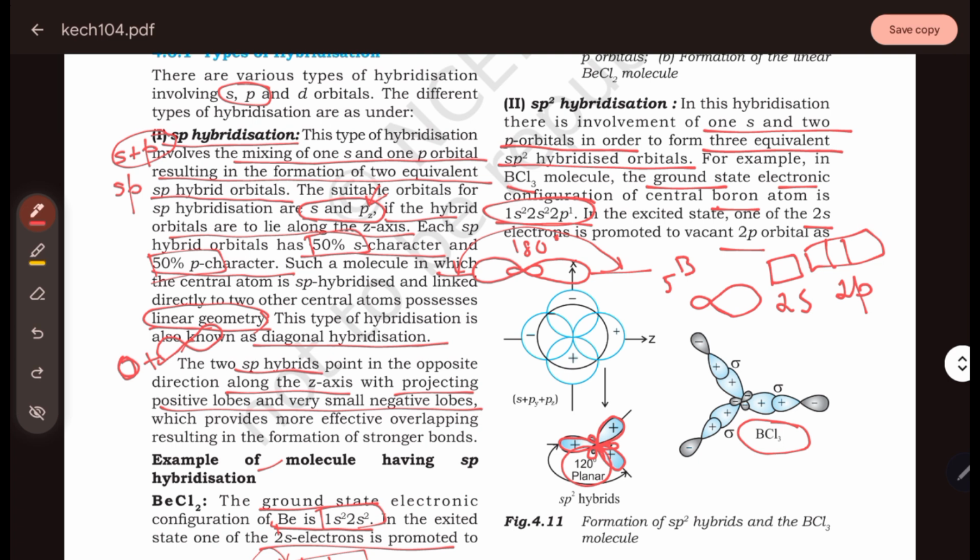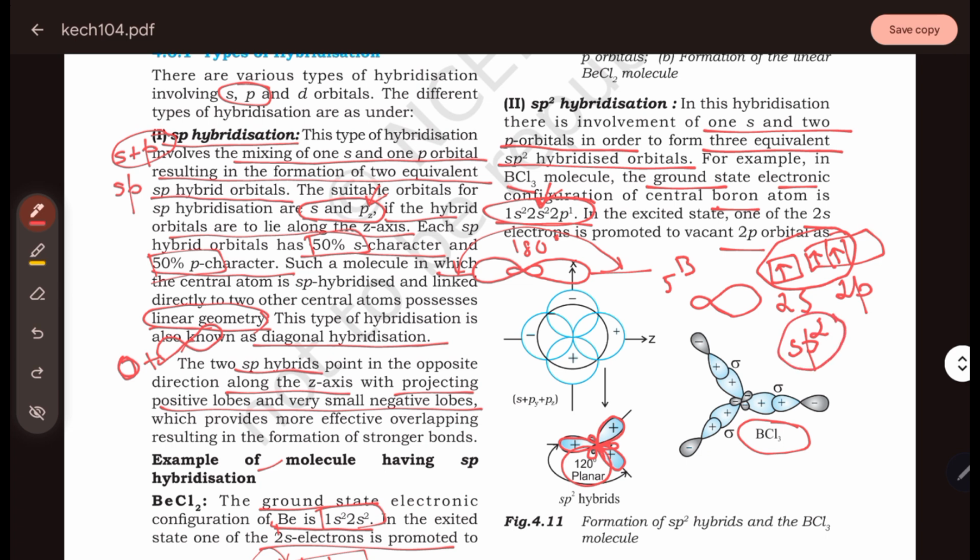You need to keep in mind how many atoms are combining: 3 Cl. From the 2s2 configuration, one electron gets transited to the 2p in order to get intermixing of atomic orbitals, giving you one s and two p hybrid orbitals, which is sp2.